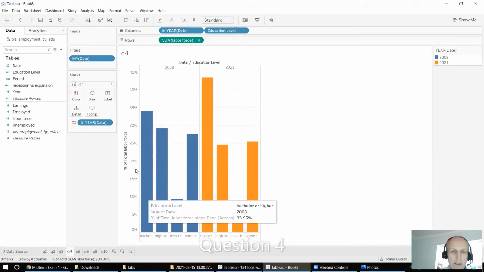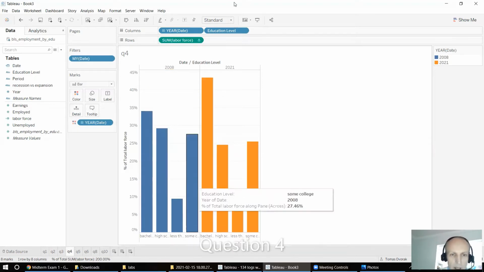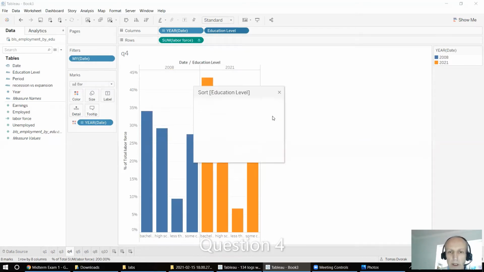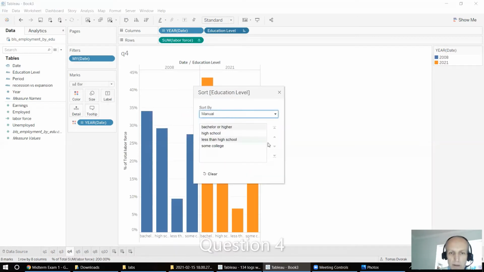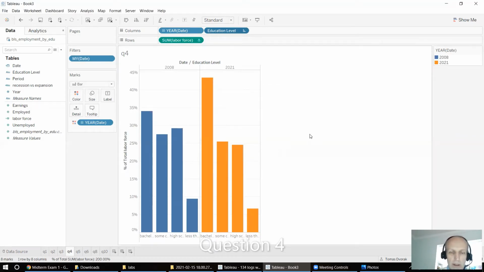So that gives us 35 percent with a bachelor's degree or higher. Let's actually sort the education level so that it is indeed by education level rather than alphabetical order. So some college should go above high school and below bachelor or higher.